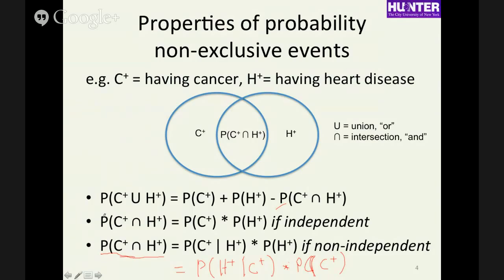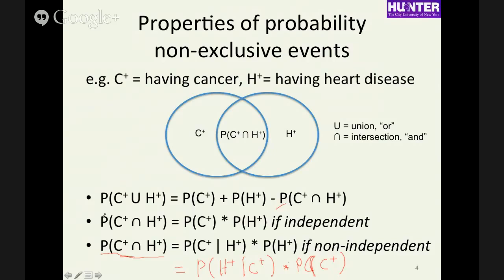So why do you call it non-independent rather than dependent? I'm calling it non-independent here because the probability of having heart disease is not assumed to be independent of whether you have cancer.